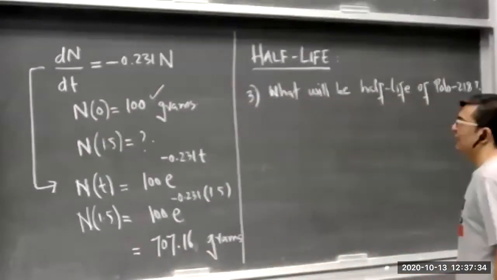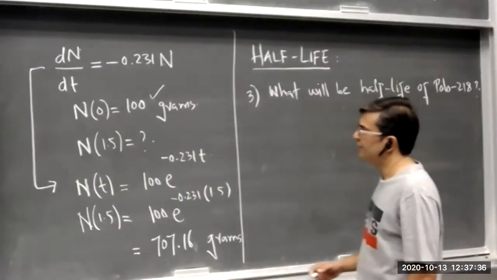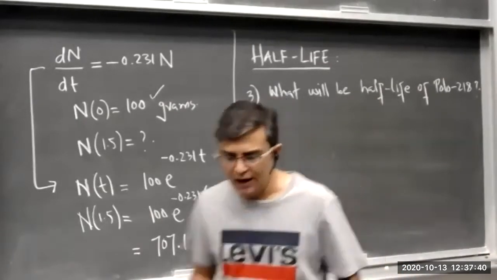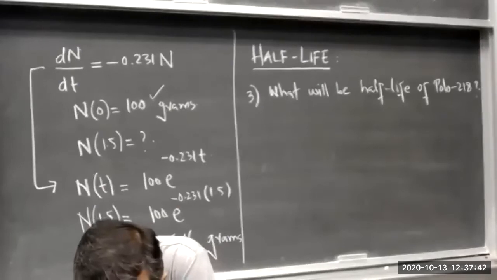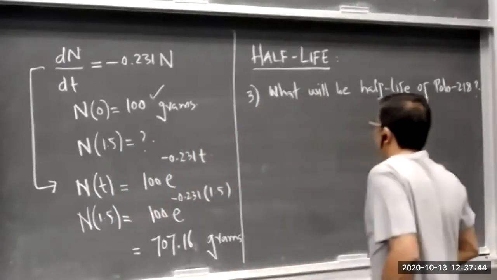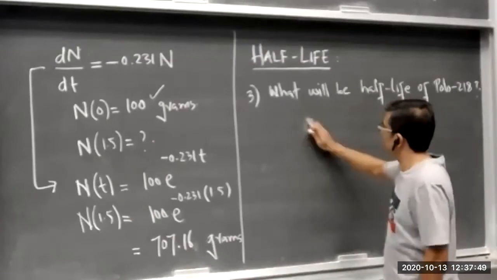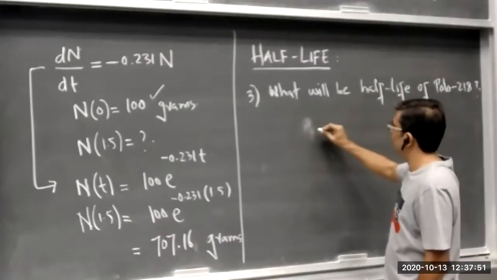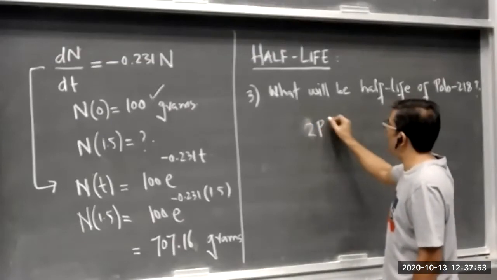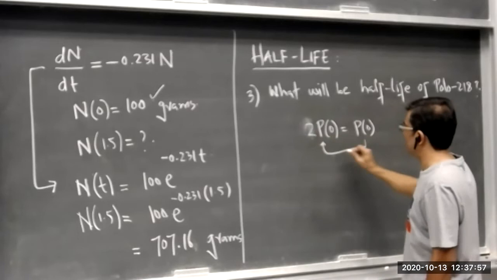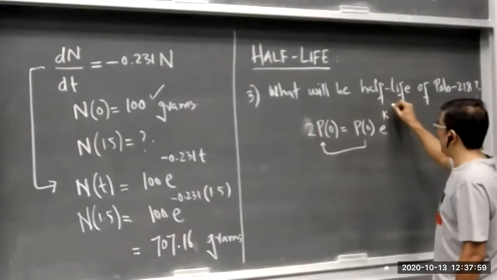So how can we calculate it? It's just exactly like the doubling time that we found. In the doubling time, we wrote 2 times p0 equal to p of 0, where we doubled it, times e to the power kt.